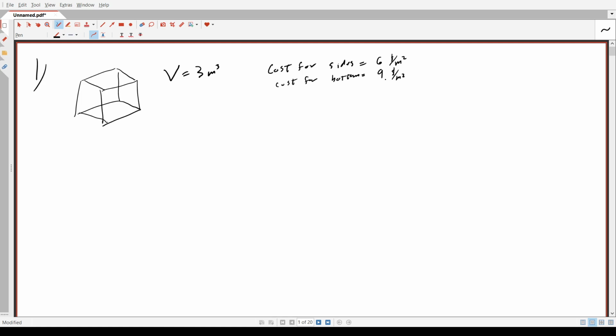Express the total cost C of the box as a function of the length and the width.